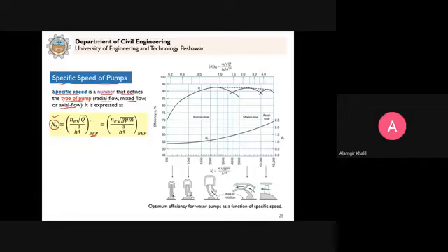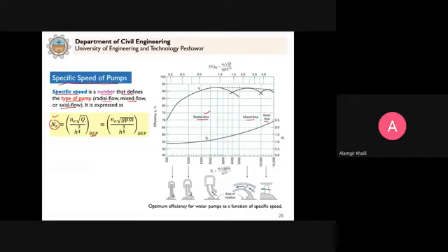So this equation will give us the specific speed for the given conditions, and then we can use that specific speed to determine whether the suitable pump should be a radial flow, mixed flow, or axial flow pump.